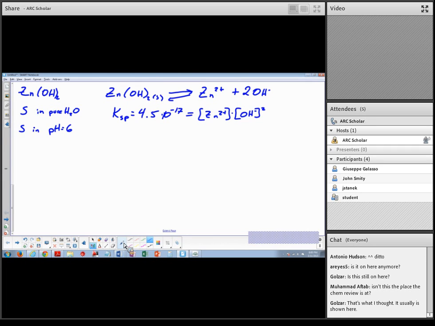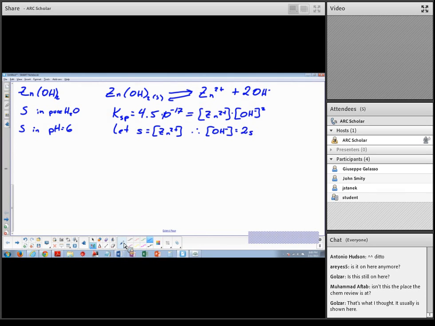Okay, so what we're going to do is we're going to say let S be the solubility here. Let S equal the concentration of the Zn2 plus. So if that's the case, what's my concentration of OH minus? 2S.